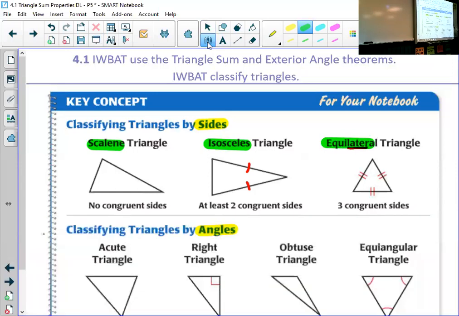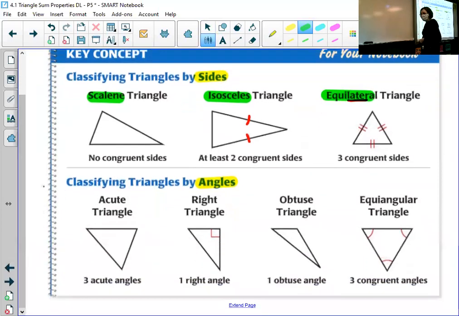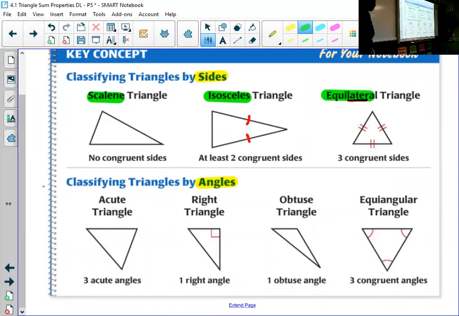Then we also can classify them by angles. Classifying by angles, we have 4 different ways to classify them. And that's again by looking at the type of angles that are in there.